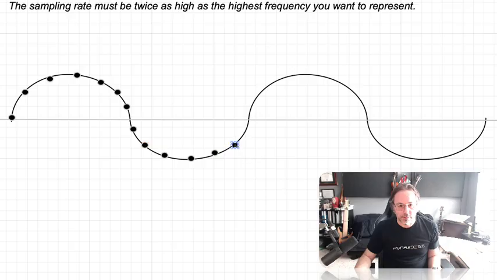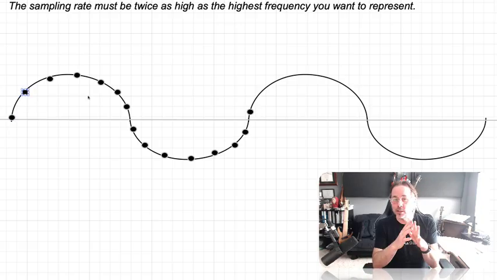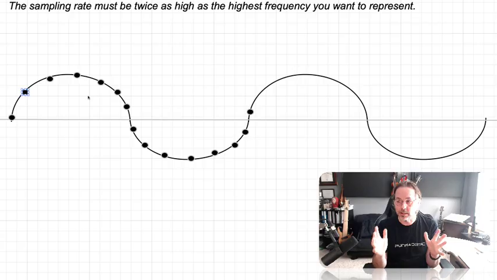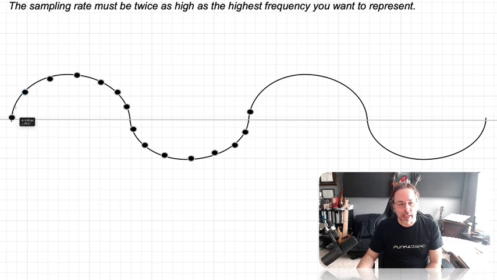So in this case, everything's fine. I took a sample here and then here. Remember that the speed of this waveform affects the pitch. This waveform is moving along at just the right speed where our brain is going to have to fill in the gaps in between these samples.